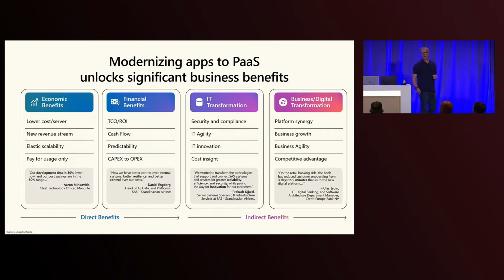How do you modernize apps to PaaS? My team builds all the PaaS solutions at Microsoft, whether it's App Service, Azure Functions, or Container Apps. These are all meant as ways of running your apps in Azure with less work from you. The platforms will update your code automatically, update the runtimes automatically, the OSs automatically.